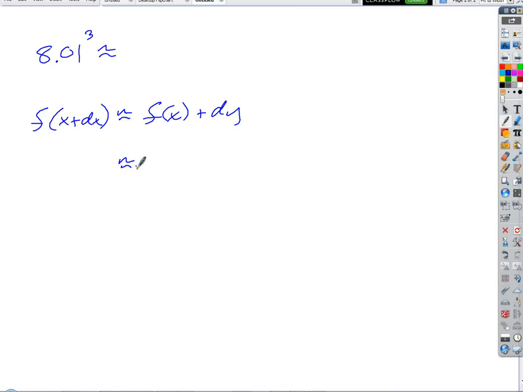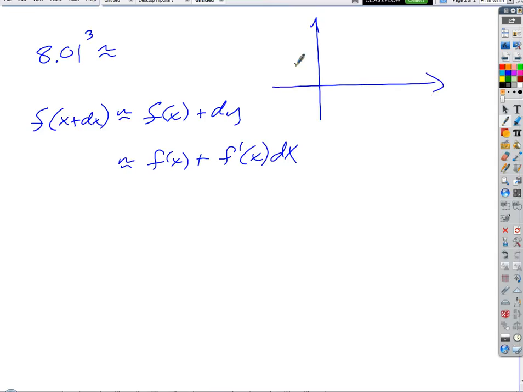Think about that in terms of our picture, and you can't help but remember it. If that's x, and this is x plus delta x, then there's delta x, there's delta y, and what's our new y value going to be approximated by?